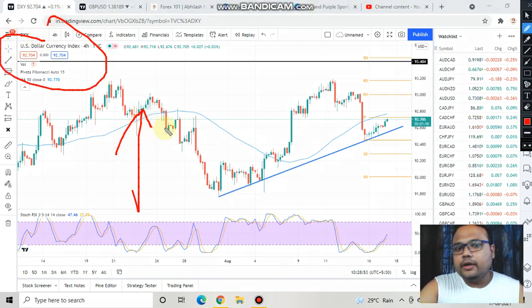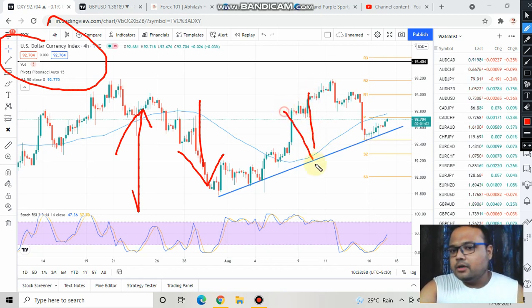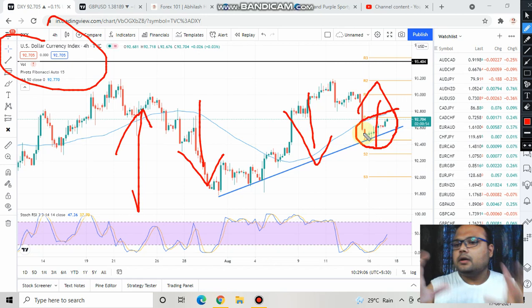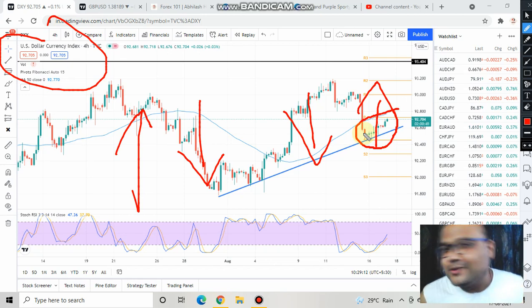If the dollar starts going up, GBP/USD starts going down, and if the dollar starts going down, GBP/USD will go up. And right now you can see that after taking support at this trend line, the dollar is going up, but the dollar does not have the strength right now. Therefore GBP/USD is falling, but it also does not have the strength. Anyway, just follow the steps that I told you and wait for the perfect opportunity.